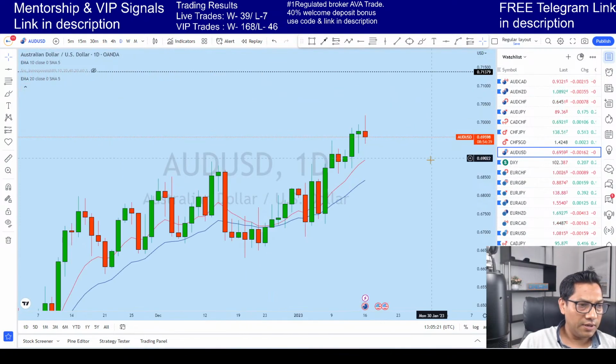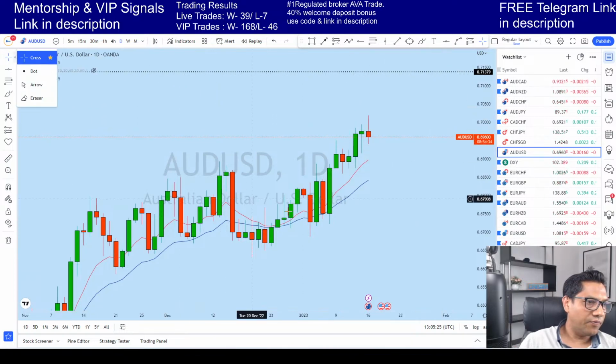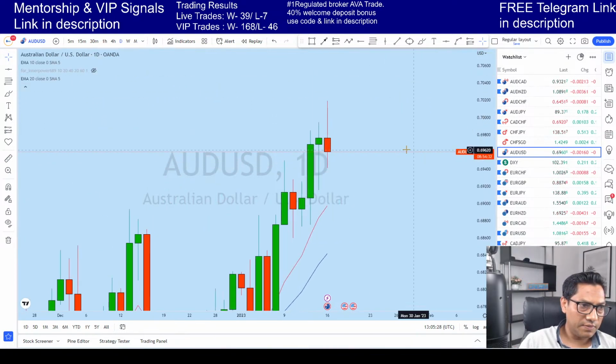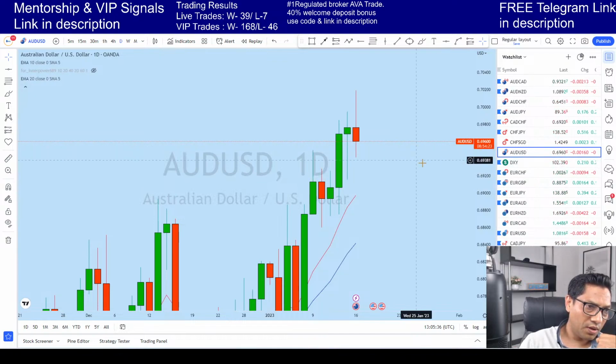Looking at daily, now this is the daily candle, guys. What we see from the daily perspective is that the price has formed this candle, which still has more than half a day to go.